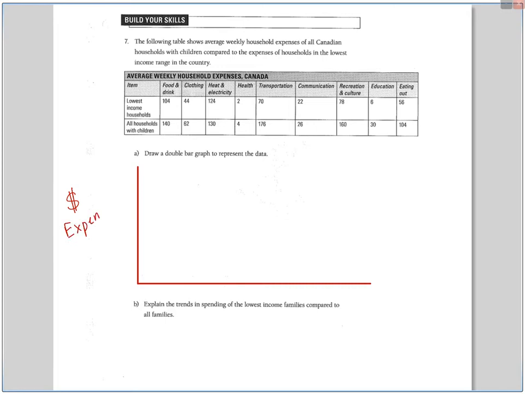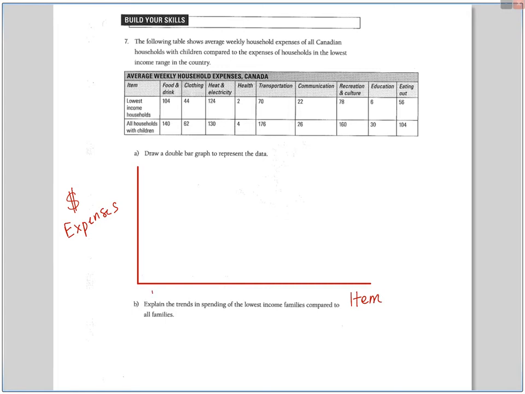So here's expenses. And on the bottom we have category. What are the categories called? Item. Alright, now this is where I'd be a little bit clever.